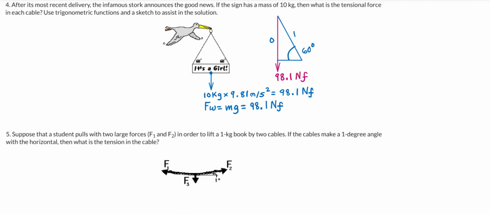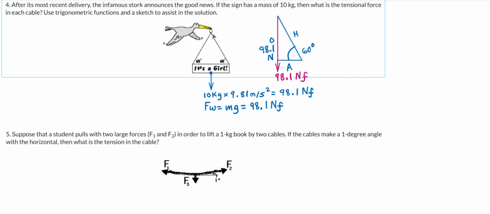So again, opposite side, isolated, hypotenuse, adjacent. So what is relevant? We need the hypotenuse, and we have the opposite side value. So if we look at the vertical as the opposite side, 98.1 newtons, that's relevant.